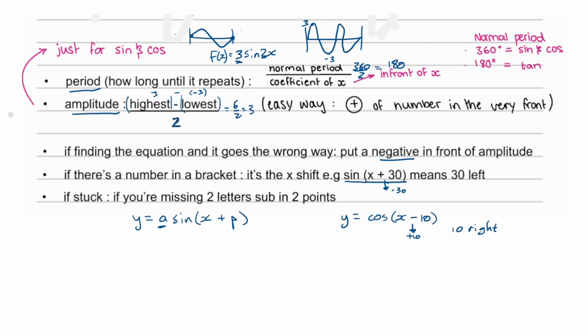Or, like I spoke about here, you might look and see that the graph has shifted 20 to the right, for example. All the normal coordinates of a parent graph have gone 20 to the right, so they have plus 20, so then the bracket must have been minus 20, and then again you'll just be missing 1 letter. Any graph, when you're missing 1 letter, you sub in 1 point.